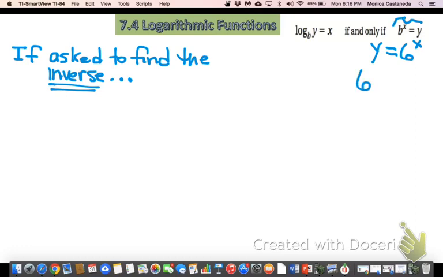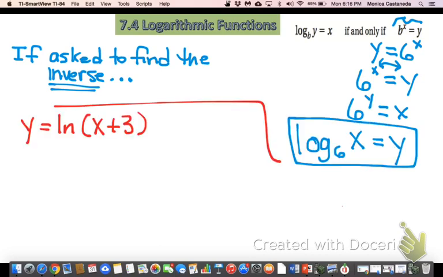So we're going to put 6 to the power of x equals y. Then we're going to switch the placement of the x and y. So it's really going to be 6 to the power of y equals x. And now we're going to write it as a logarithm. So it's going to be log base 6 of x equals y.